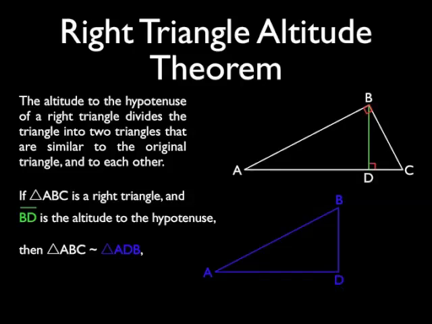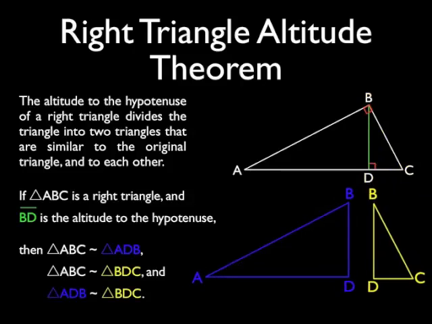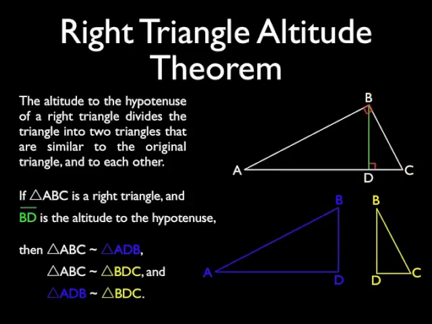Also, triangle ABC is similar to triangle BDC. And finally, triangle ADB is similar to triangle BDC. So all three triangles created when you draw in the altitude to the hypotenuse are similar.